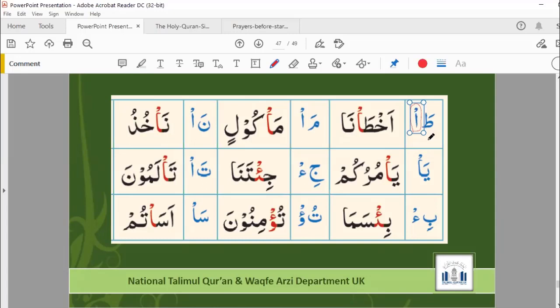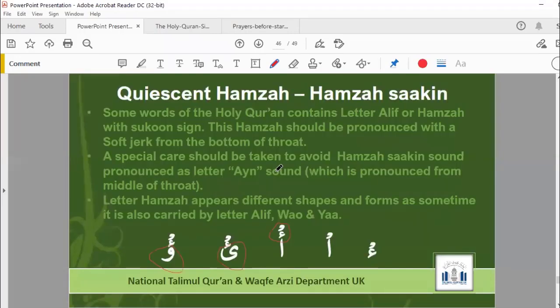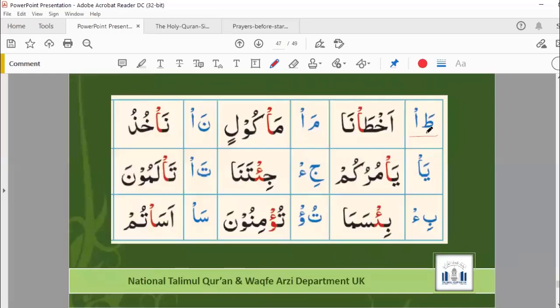How will you read this? Ta, take, and then a soft jerk sound from the bottom of your throat. Ta. Akhtana. Ma.